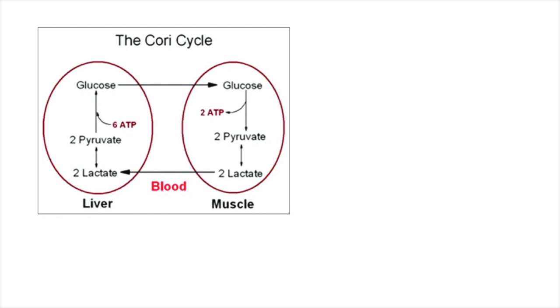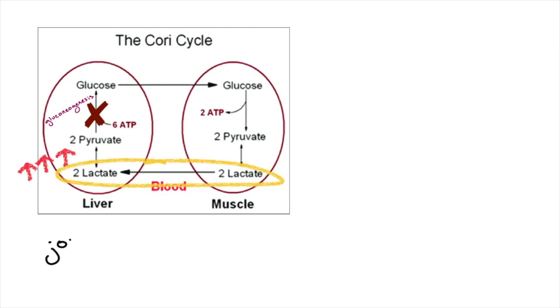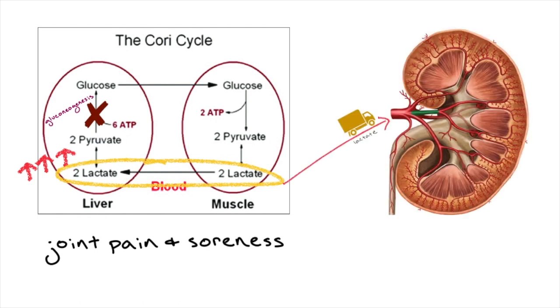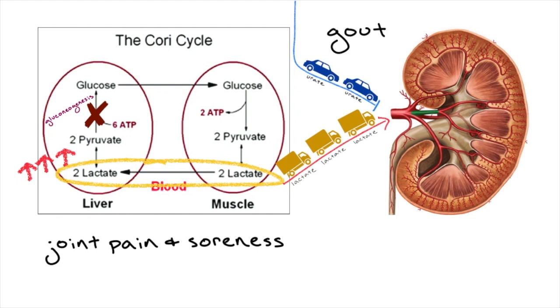But since type 1 GSD is missing the phosphatase that is also at the end of gluconeogenesis, we end up with a surplus of lactic acid, adding insult to injury by causing joint pain and soreness. Plus, the buildup of lactic acid causes a traffic jam along its excretion path through the kidneys, meaning other metabolic byproducts trying to take that exit, like uric acid, also get backed up, causing gout, which is another reason why type 1 GSD really stinks.